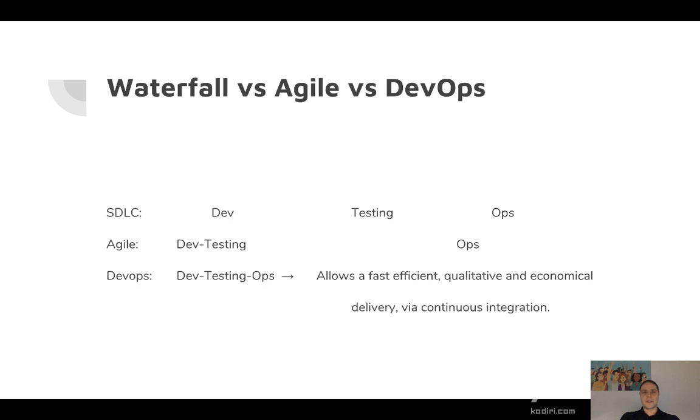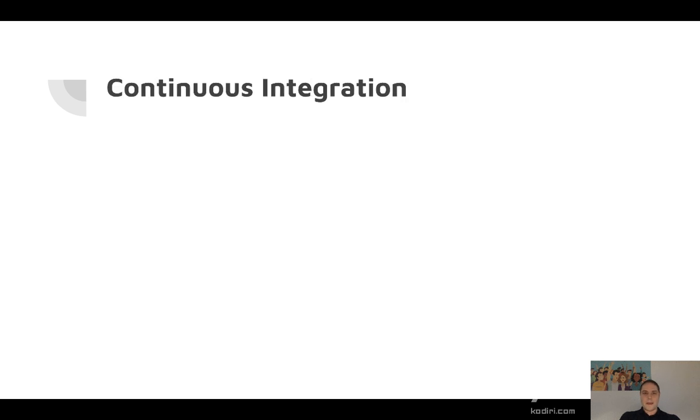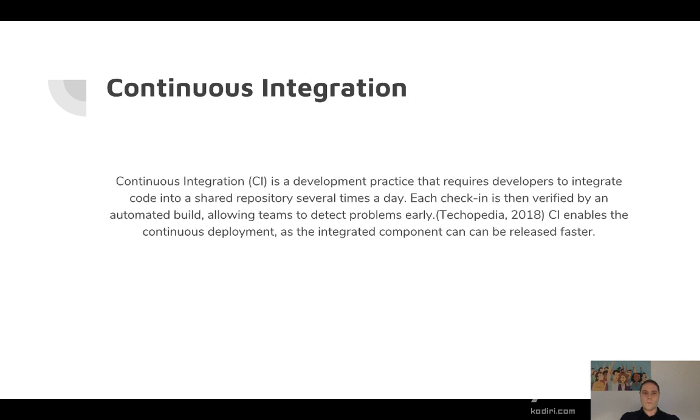So what is continuous integration? It is a development practice that requires developers to integrate code into a separate repository several times a day. Each check-in is then verified by an automated build. So see, automated, this is a crucial element, allowing teams to detect problems early.